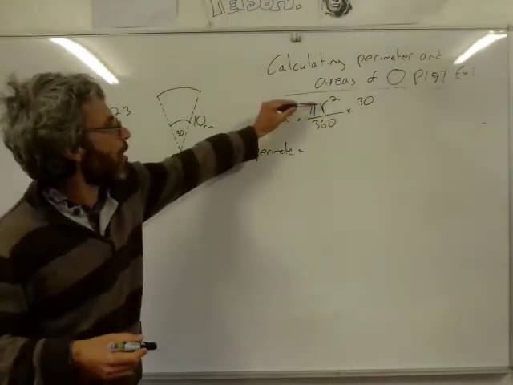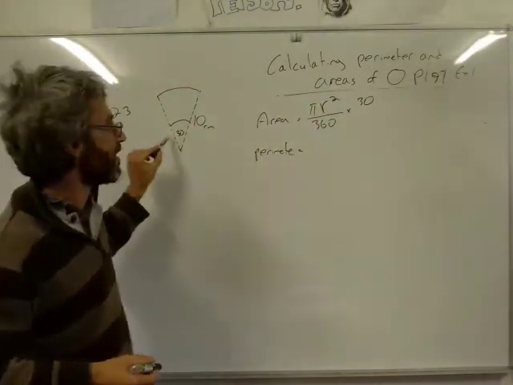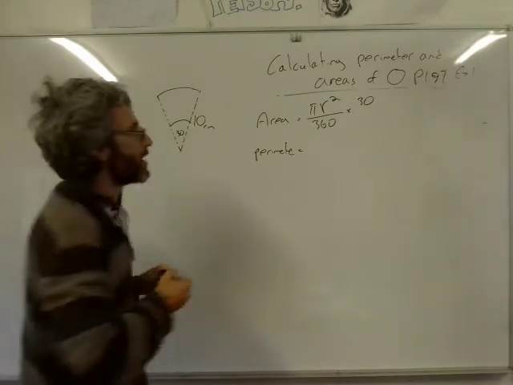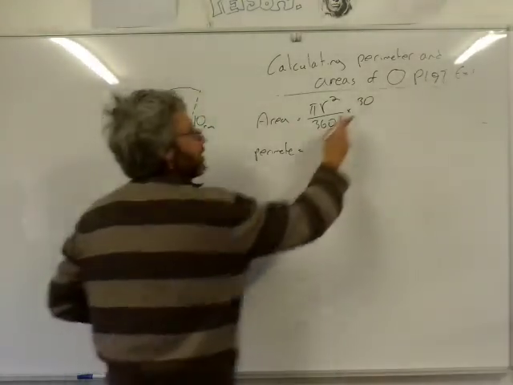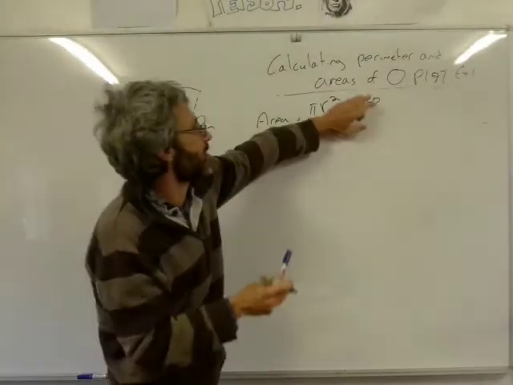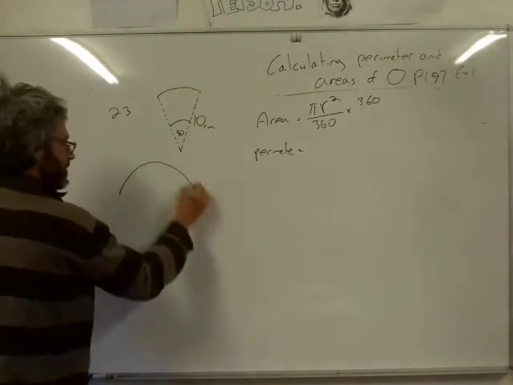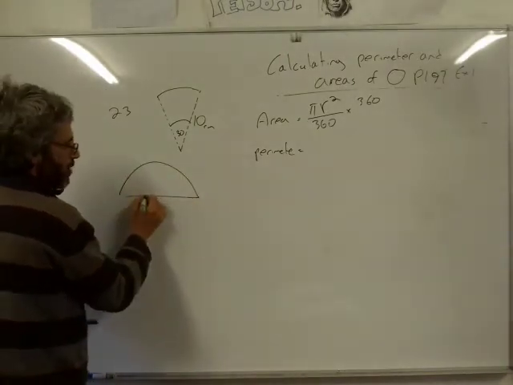You divide the whole area by 360 degrees and times it by the angle which we have here. Now, why are we doing it? If we had a full circle, then the angle would be 360, and 360 divided by 360 will cancel each other out, and we'll end up with pi r squared. If I had a semicircle, what's the angle here?